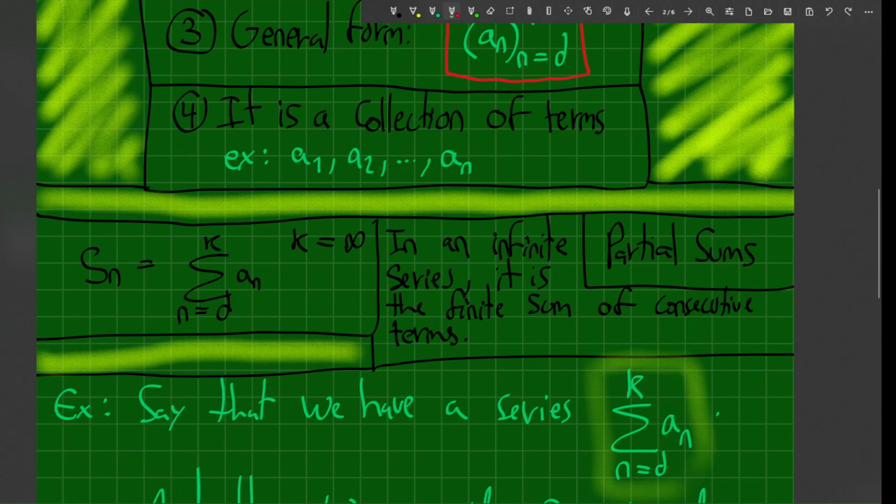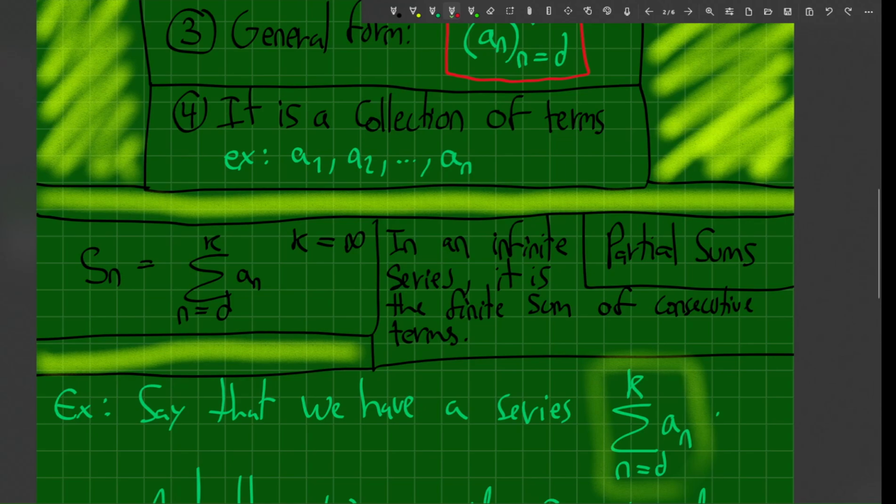And an infinite series has some properties which we are more focused on in this group of lectures, this study field. And we'll begin with partial sums.